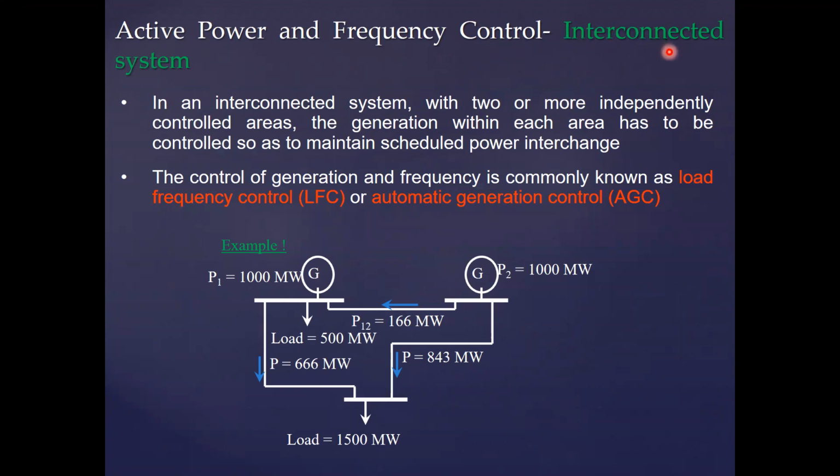In the interconnected system, you may have, let's say, several power plants. It could be in one area, and then again several power plants in another area, and these two areas may have their own individual local load, or they may also feed power to a common load center.